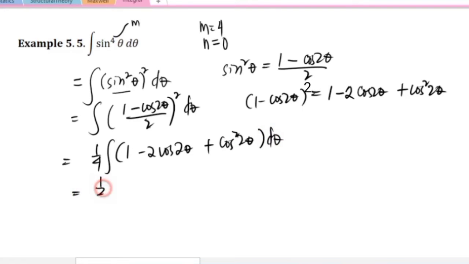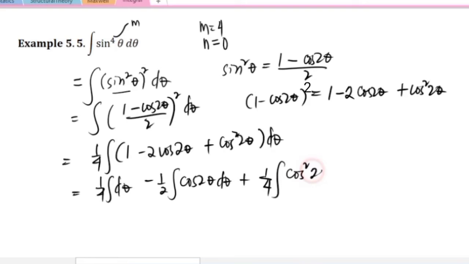So distribute natin, we have 1/4 integral of d theta minus 2 times 1/4, so it's 1/2 integral of cosine 2 theta d theta plus 1/4 integral of cosine squared of 2 theta d theta.